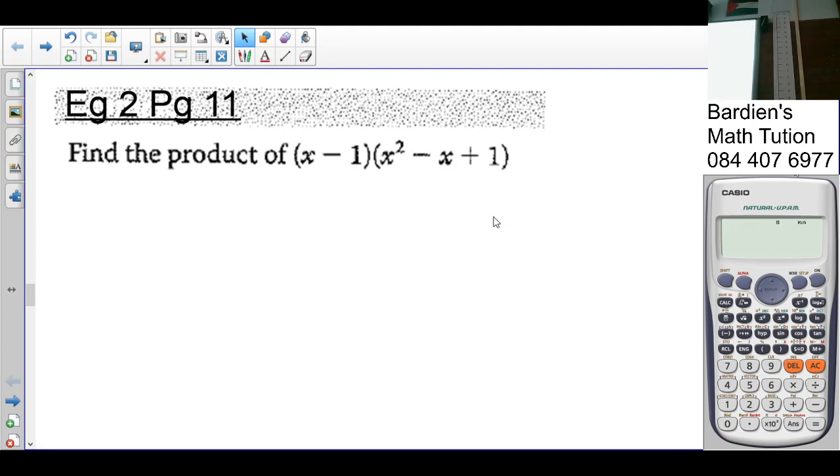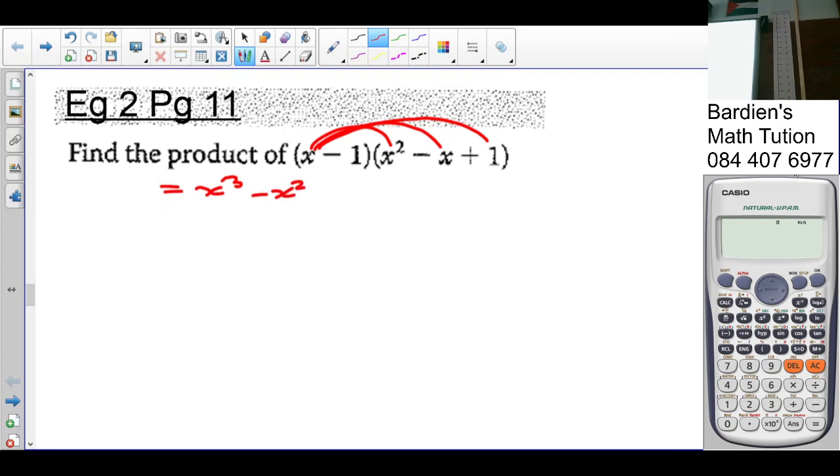Guys finished? Right. Let's multiply out. It's going to give us x cubed, negative x squared, plus x. Negative 1 times x squared, negative x squared, plus x minus 1.